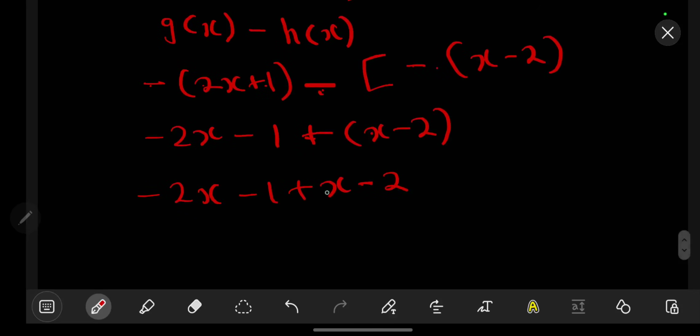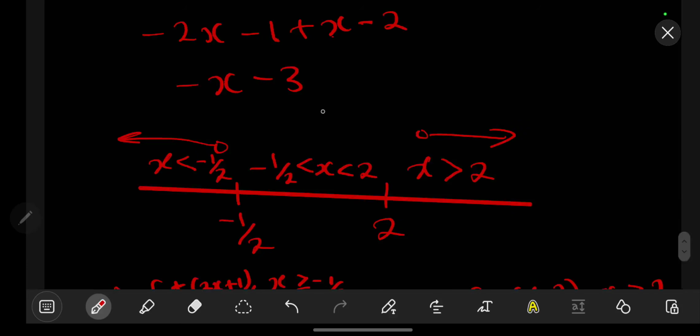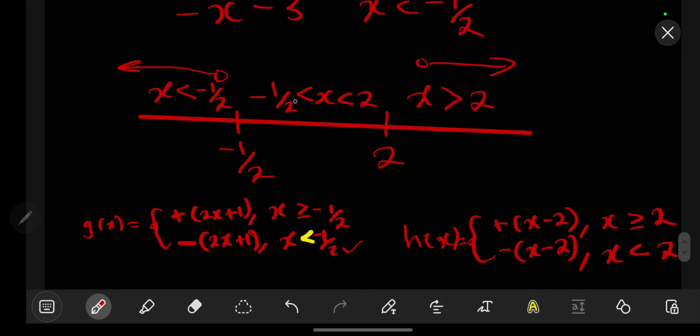So the first equation is coming out as -2x plus x, which gives us -x. -1 minus 2 gives us -3. For this one, remember the condition is that x should be less than -1/2.